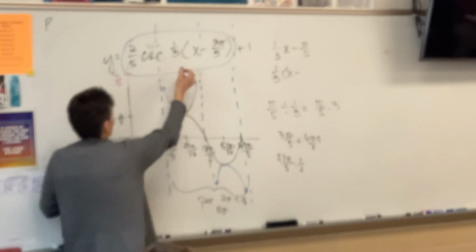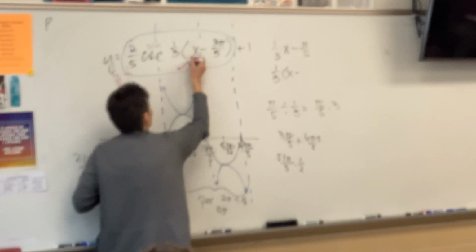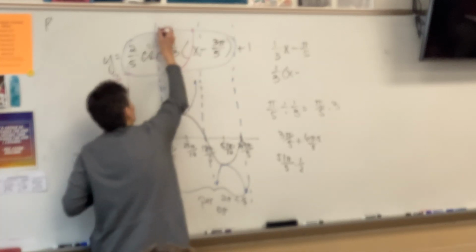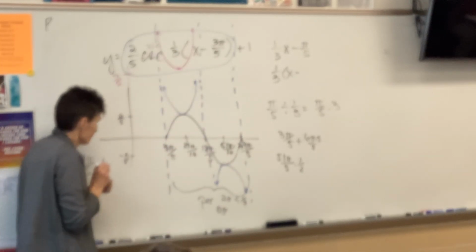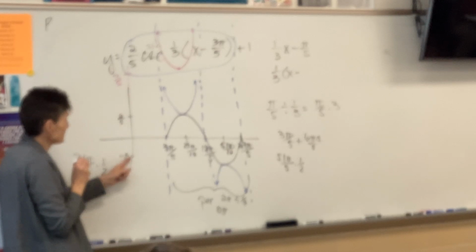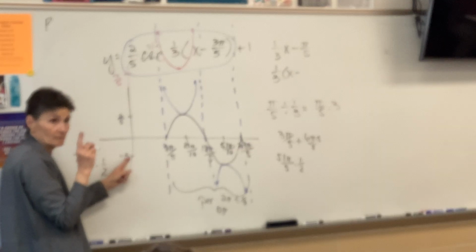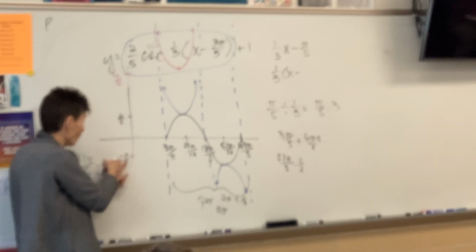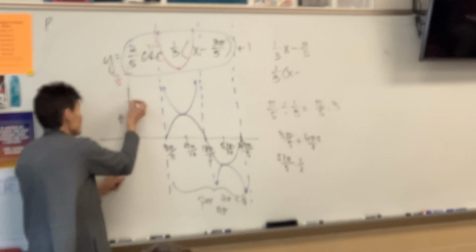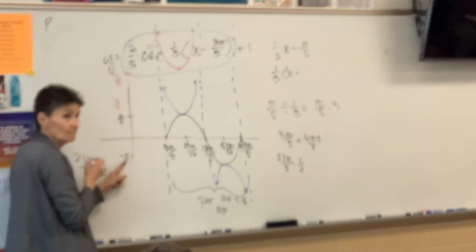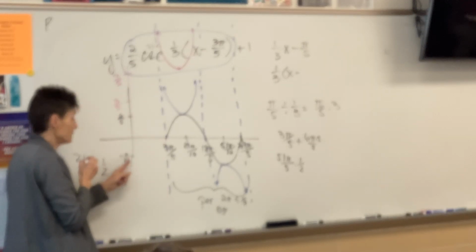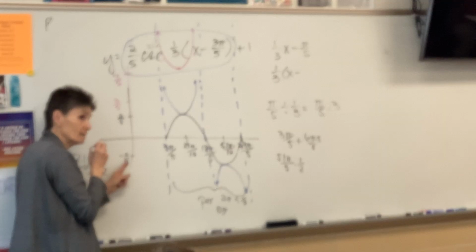Now, the vertex of my parabola is up here. Now this one is also going up 1. So where's he gonna be? If you go up 1, he's gonna be at 3/5, isn't he? -2 plus 5 is 3.